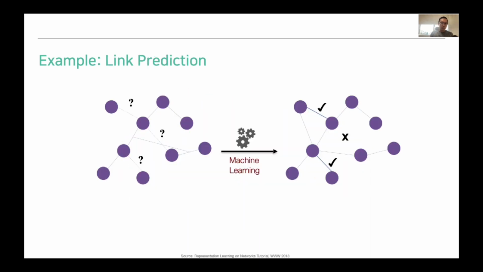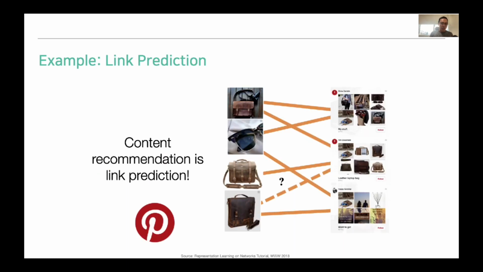In link prediction, we try to predict their future interaction. I already explained it in the previous slide. This is related to content recommendation. Think about your coupon purchase.